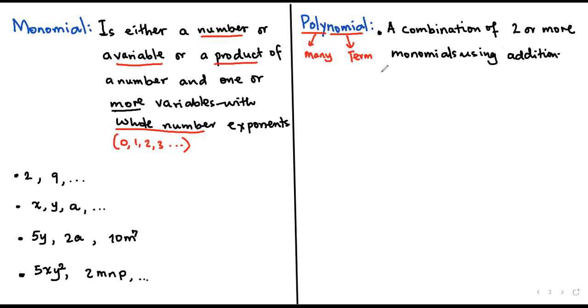One more thing here: in a polynomial, there must not be any dividing by a variable.